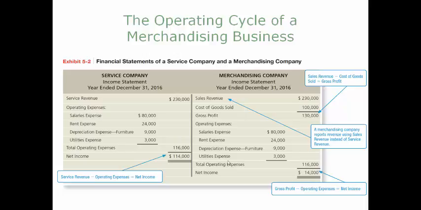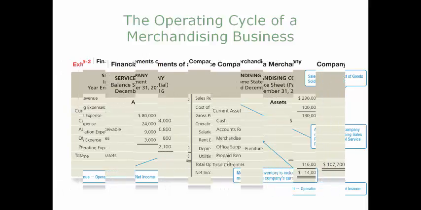For service revenue, the net income is basically service revenue less operating expenses, where in the merchandising, it's actually sales less cost of goods sold, less operating expenses gives you net income. So you have a whole new line item and then a subtotal called gross profit on the merchandising income statement.